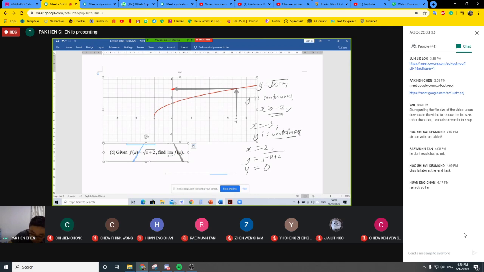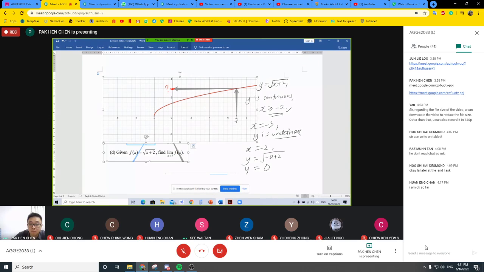What will be this value? Can you understand or not? Y equals 3, yes or no?